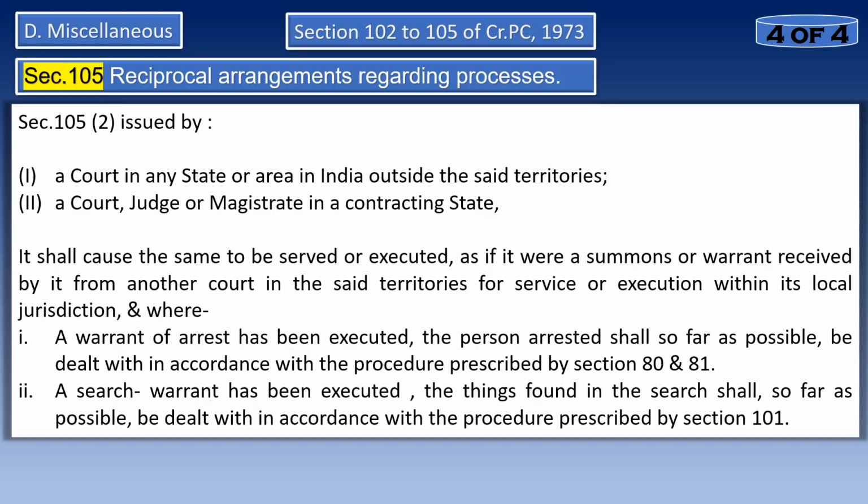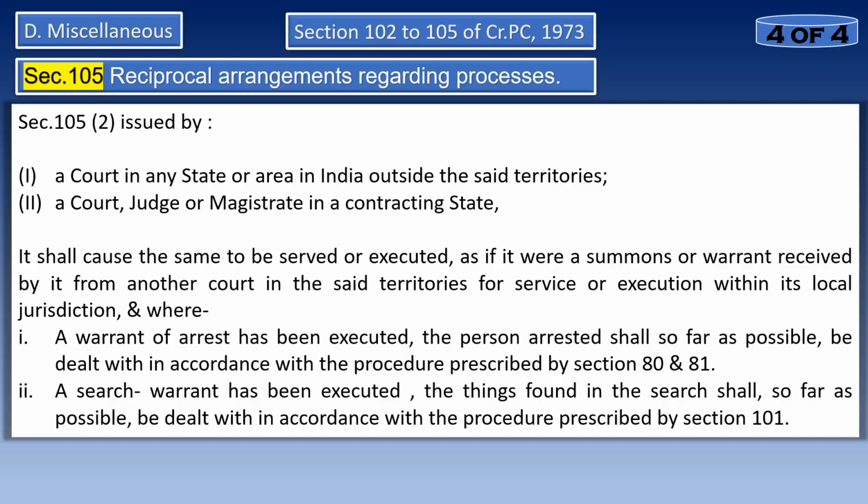And subsection 2 of section 105 says that even the other countries, as per the agreement of the central government with the government of that country, can also ask the Indian government through the courts for the service of a summons or warrant from their country to be served in India. So now I think you understand reciprocal arrangement is between the states as well as the countries.